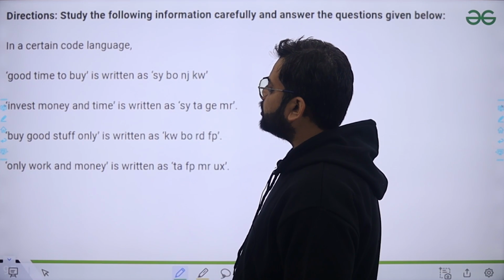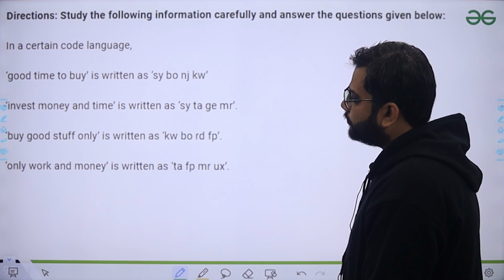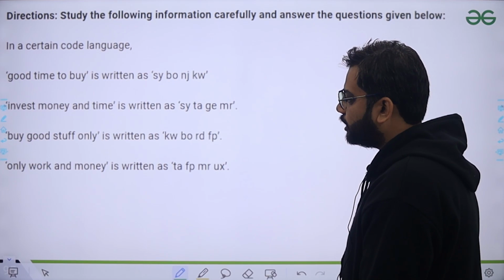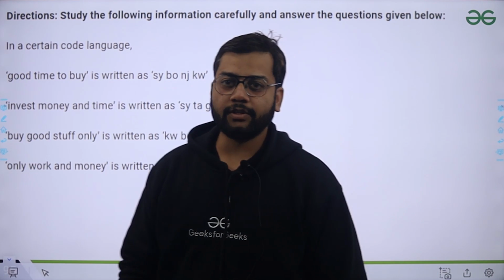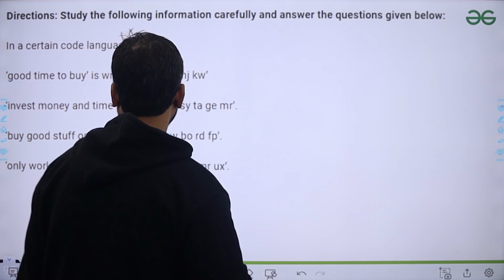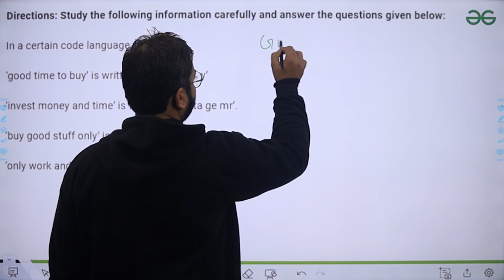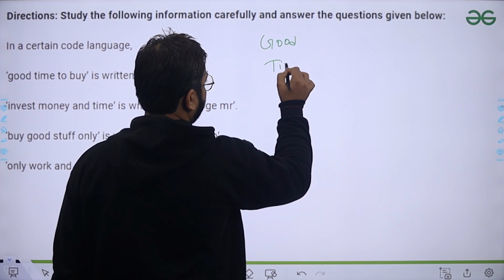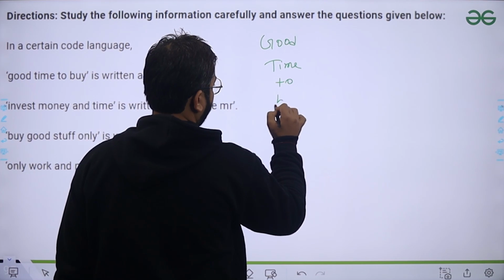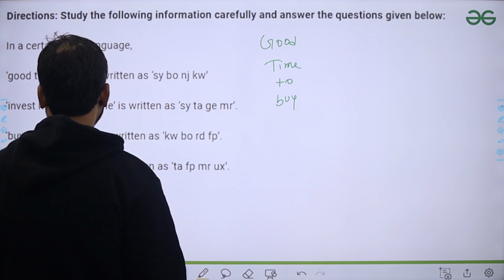In a certain language, good time to buy is written as this: invest money and time, buy good stuff only, work for and money. I am giving you the hint how you can solve the question. First you write all the things. Good time to buy. So first you write good time to buy.